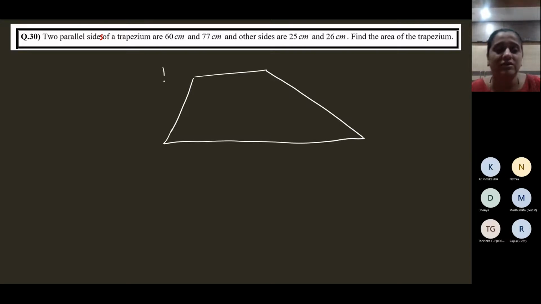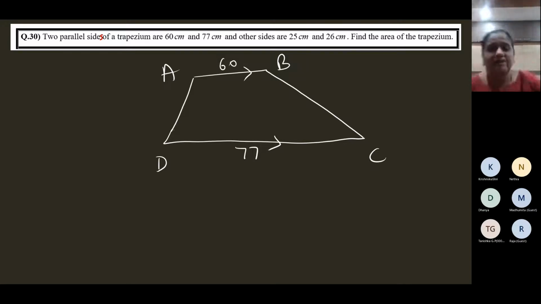In the trapezium, we're given the parallel sides are 60 and 77. According to the figure, you'll have to mark it. One is 60, the other is 77, so the longer side is 77. So by this figure, DC is 77 and AB is 60. The other sides are 25 and 26.